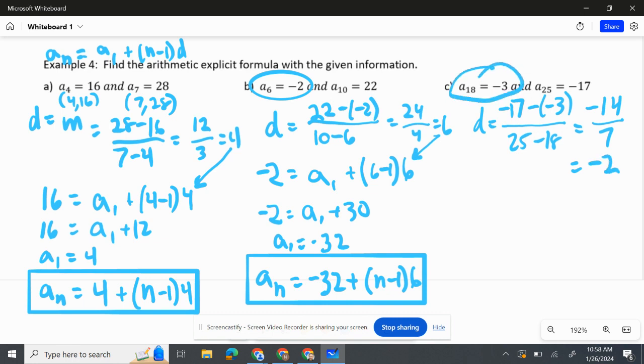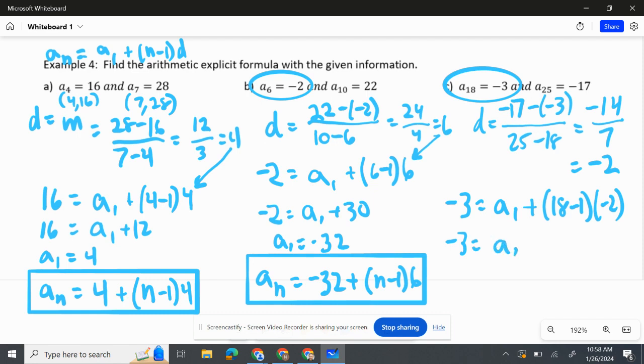So I'm going to use this point right here, negative 3 equals a sub 1 plus 18 minus 1, and I'm timesing it by negative 2. So negative 3 equals a sub 1 plus negative 34. So when I add it, what I get is a positive 31. So my answer is a sub n equals 31 plus n minus 1 times negative 2.